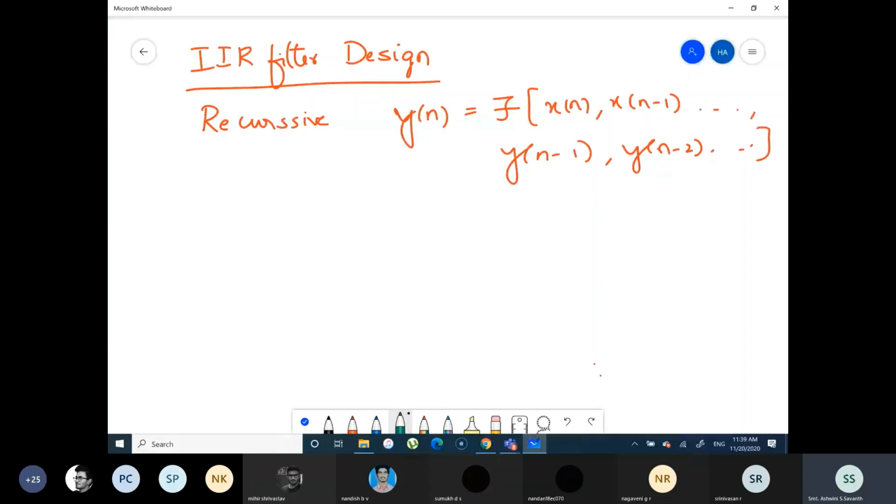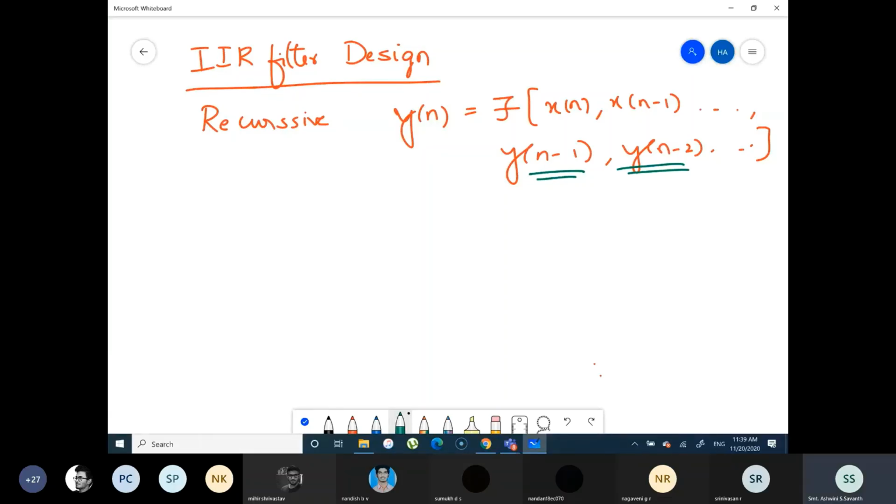These past outputs are not present in an FIR filter, isn't it? An FIR filter is therefore a non-recursive filter which depends only on the input and the past values of the input. Whereas an IIR filter is a recursive filter. It depends on the past output values as well.